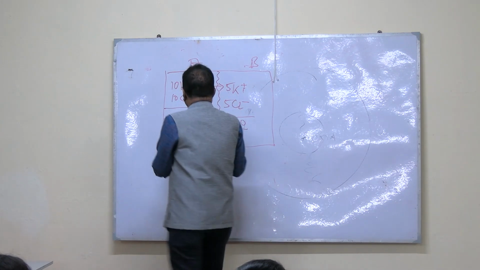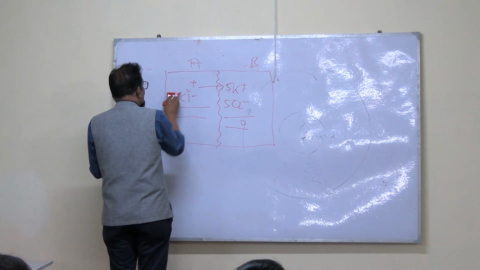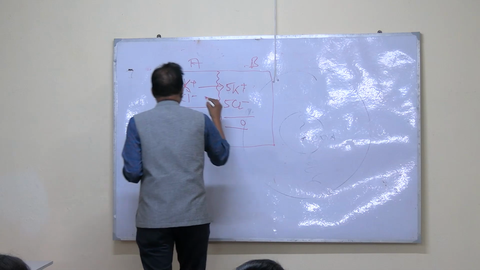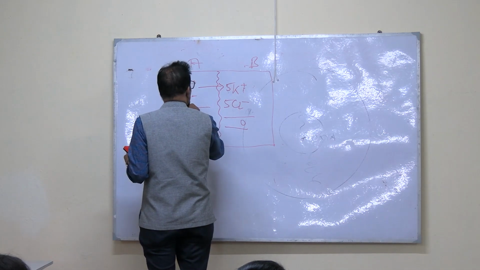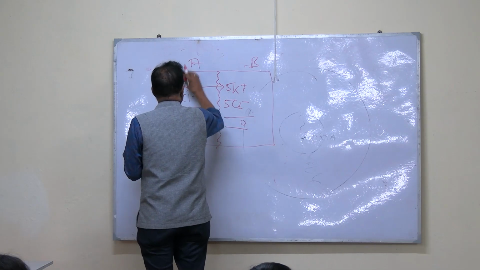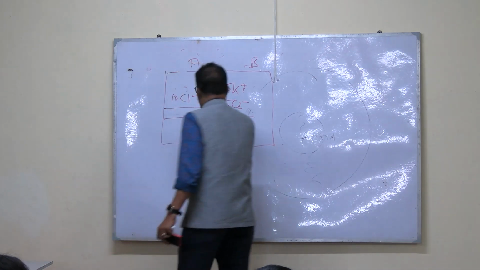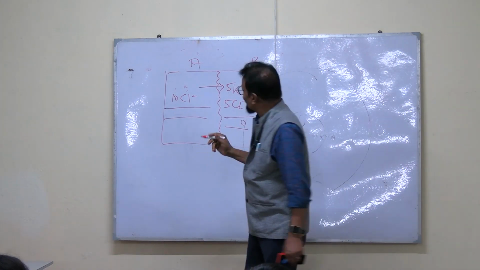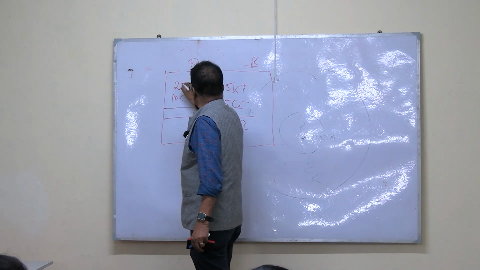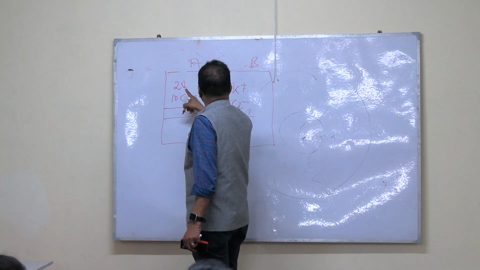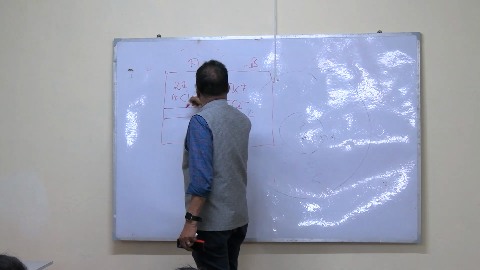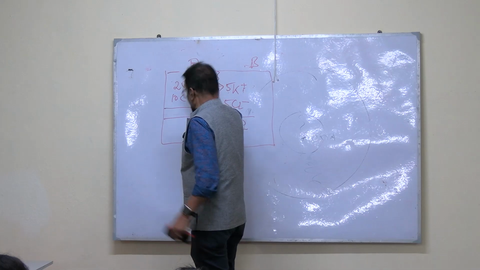And one time will come, this will be 5 K, this will also be, initially it was 5, no? So how can I divide equally? 10 plus 7.5. So I do one thing. If I make it 20, 10, if 10 comes, then 15.